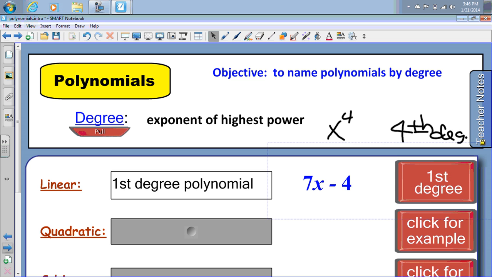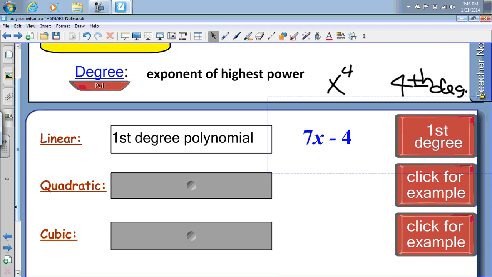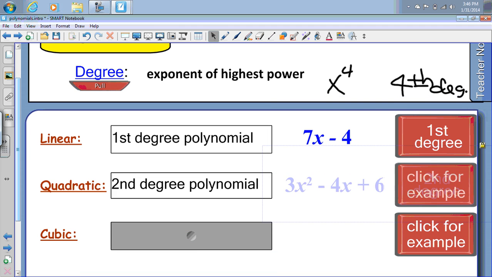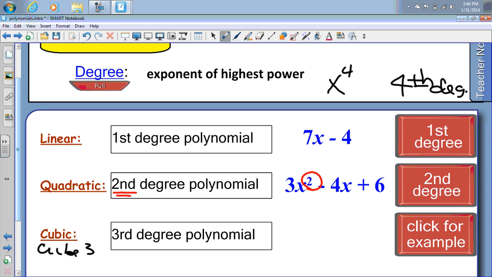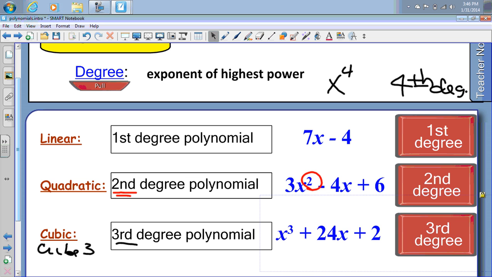Okay, that will be a linear function. A quadratic function, 2nd degree polynomial. Look, the highest exponent is 2, so it's a 2nd degree. It will make a quadratic function. Cubic, cube means 3, 3rd degree. So what exponent do you think we're going to have? X to the 3rd. Okay?